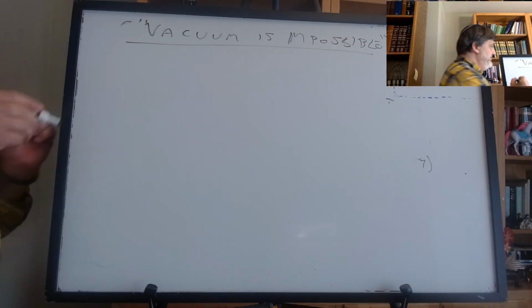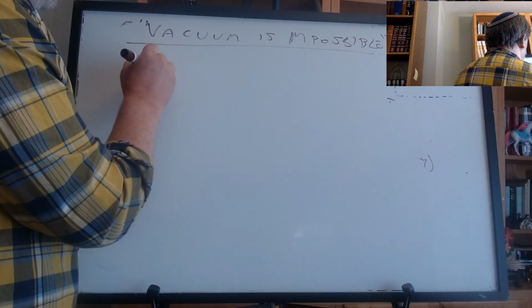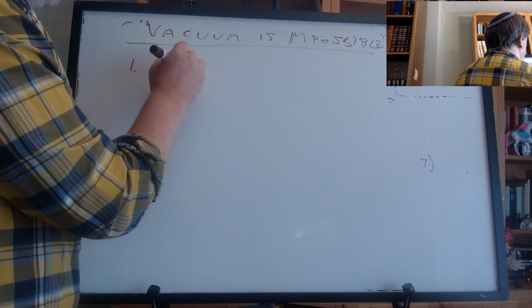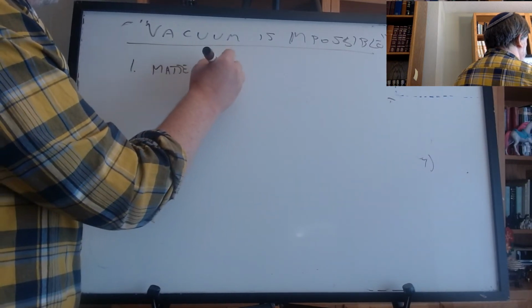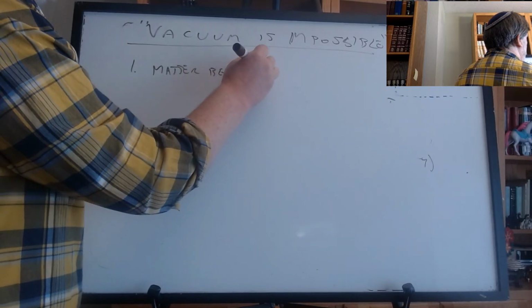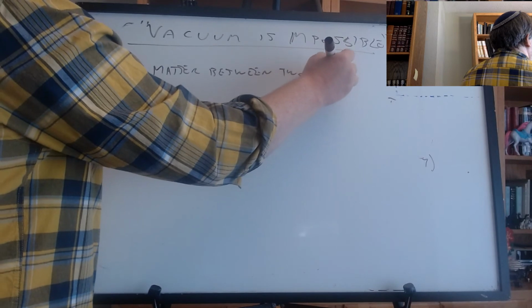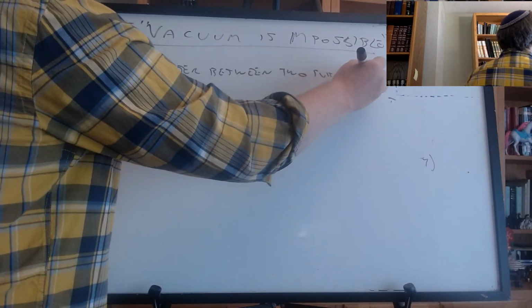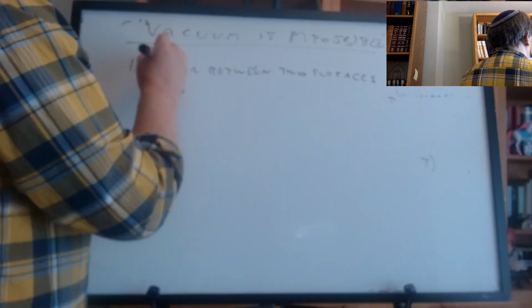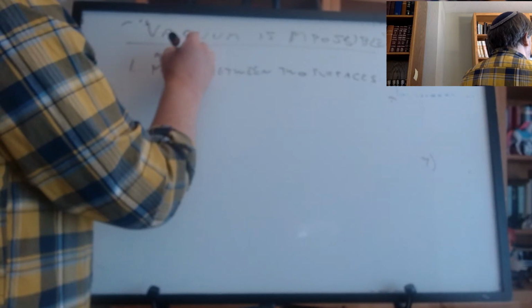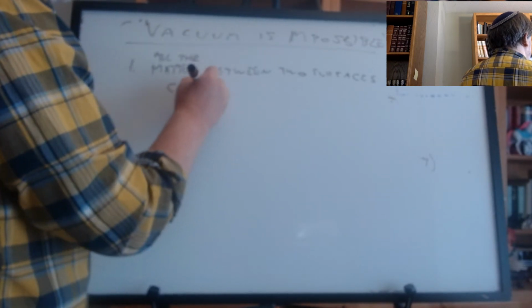So Hume agrees that matter between two surfaces, all the matter between two surfaces could be annihilated.